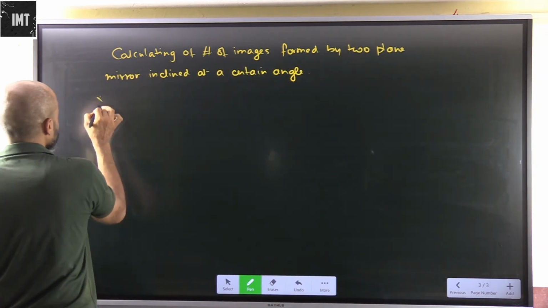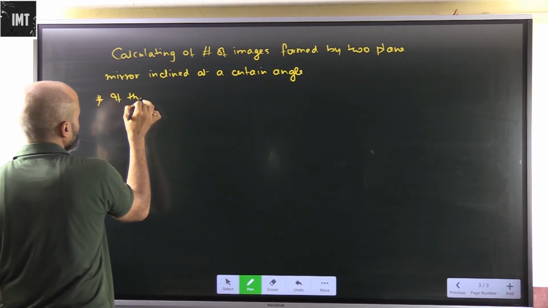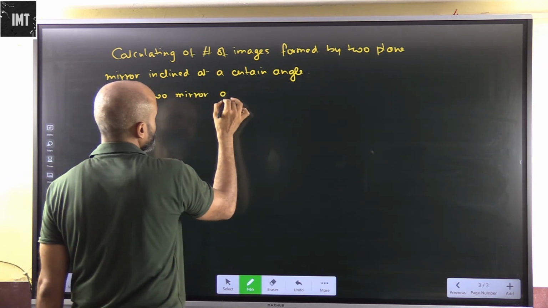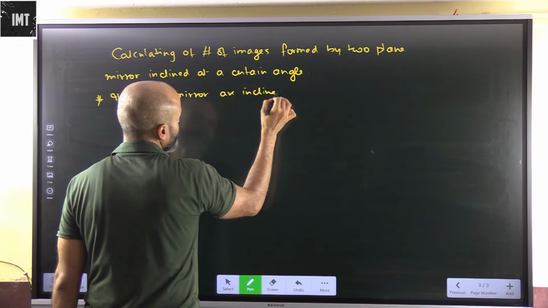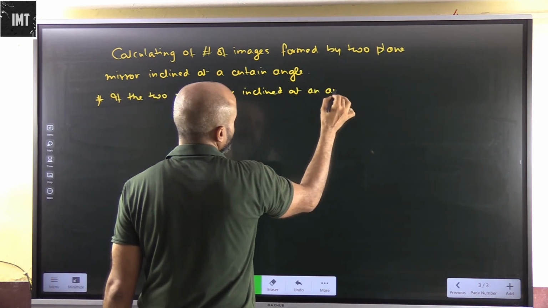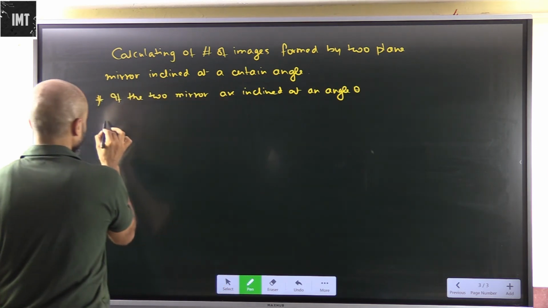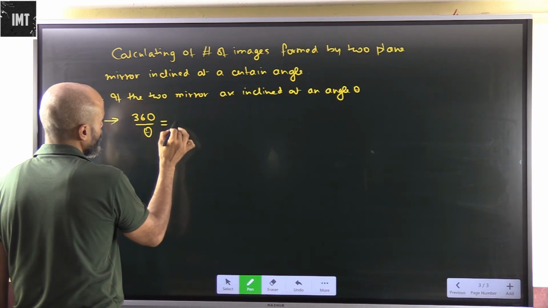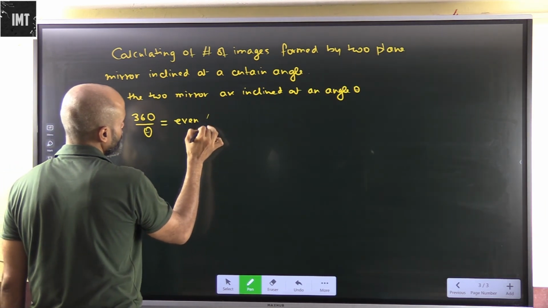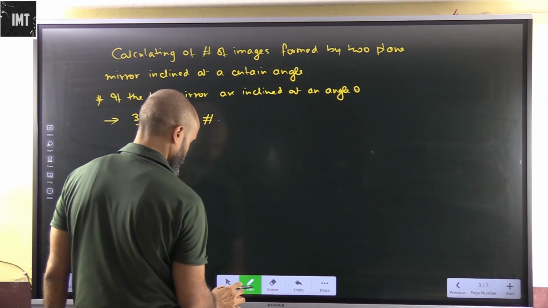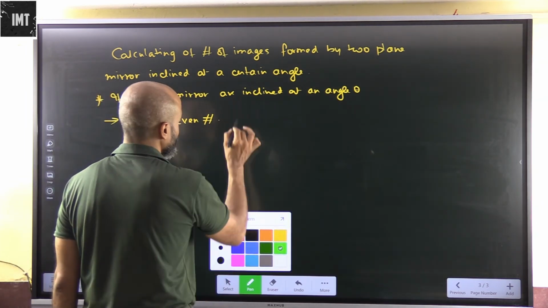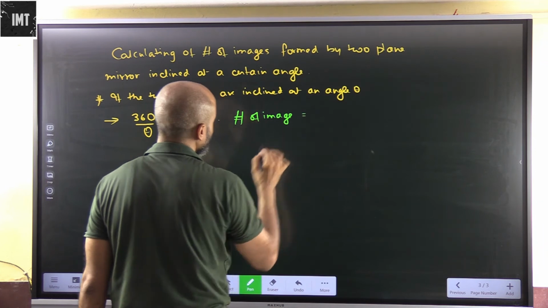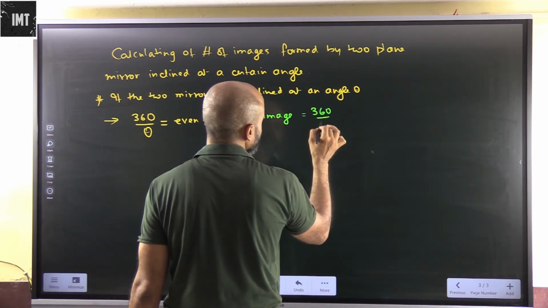So the first one is, if the two mirrors are inclined at an angle theta, and if 360 by theta is equal to an even number, then the number of images is going to be 360 by theta minus 1.